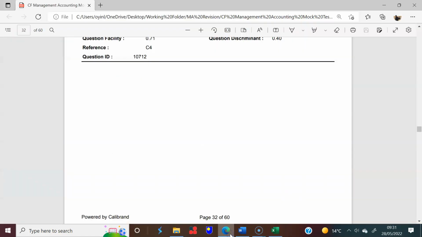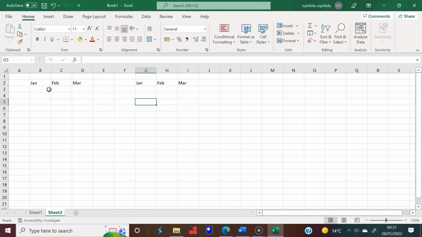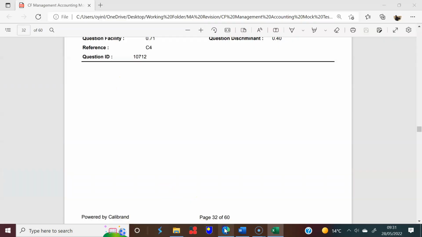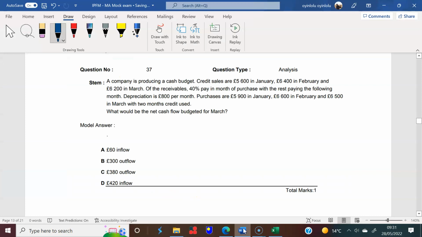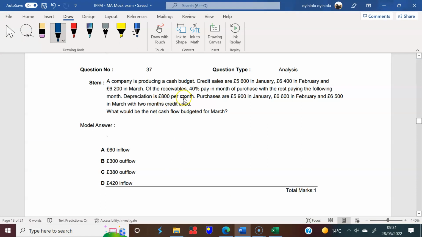So we have credit sales of 5,600, 6,400, and then in March, we have 6,200. Okay, that's fine.